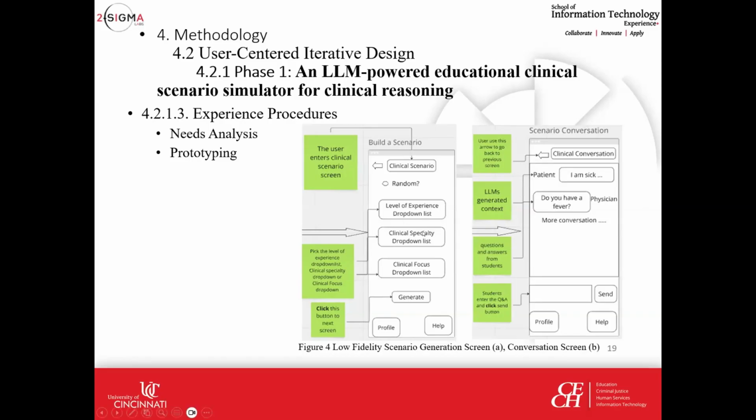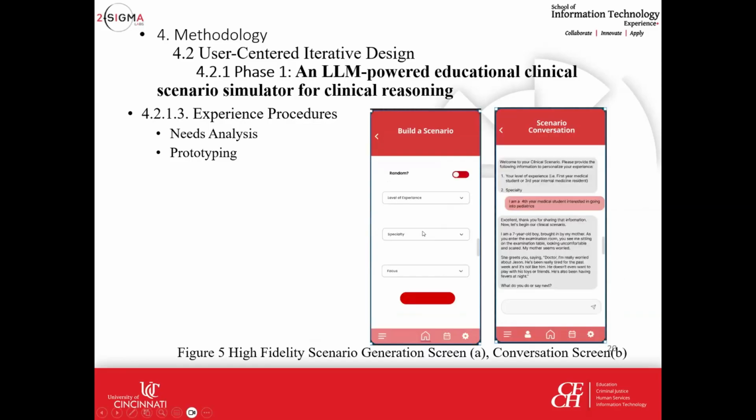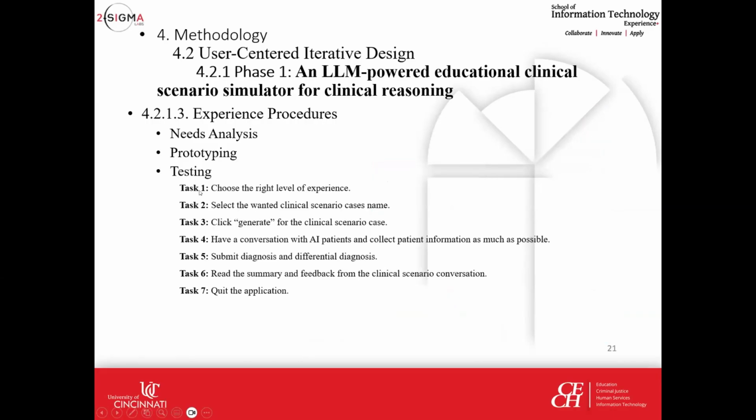So this is the low fidelity, and then this is the high-fidelity scenario. We used Figma to design that. And then this is the task they need to finish. They need to choose the right level. When the student finishes these steps, we can generate some data.